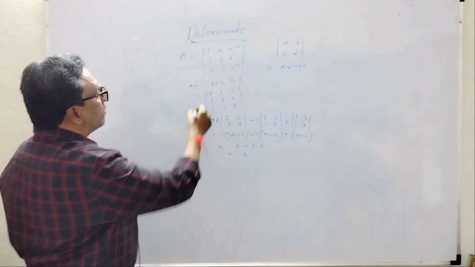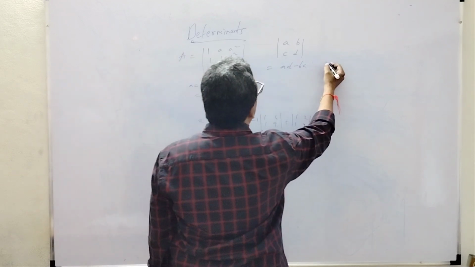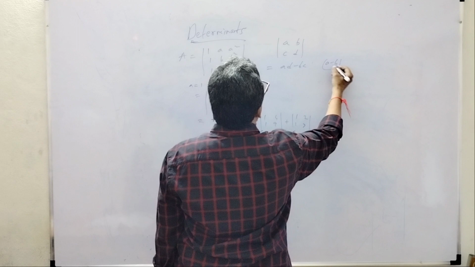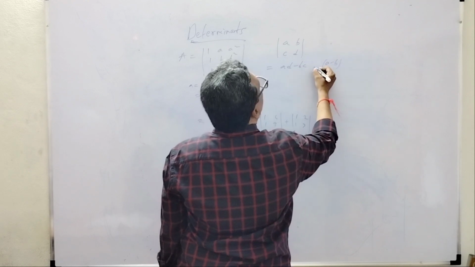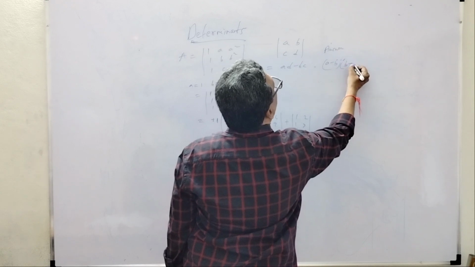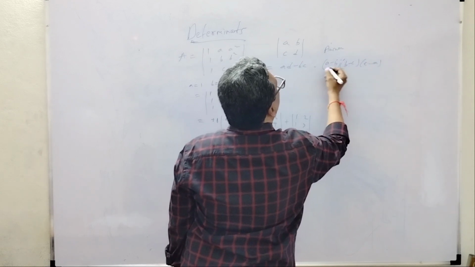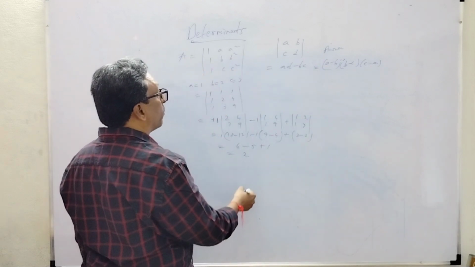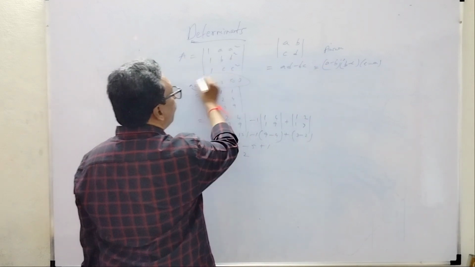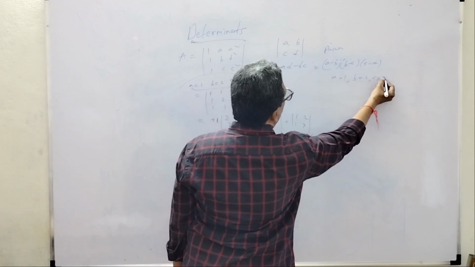The shortcut. In the multiple choice, the answer is (a minus b) into (b minus c) into (c minus a). In the multiple choice also, we have to substitute the values: a is 1, b is 2, c is 3.